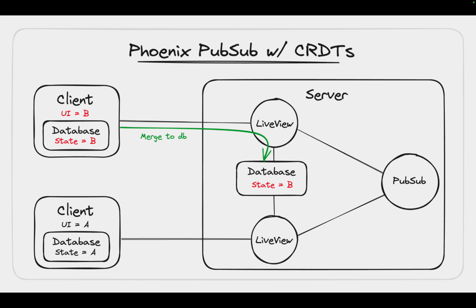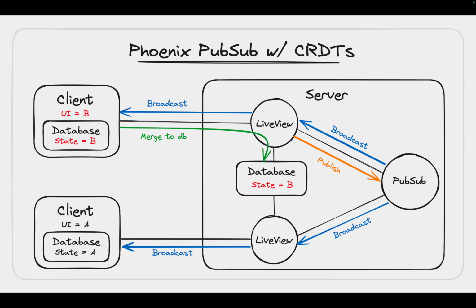Then we're going to push our new state to our pub subsystem, which will then broadcast it out to the two LiveViews, and then the LiveViews will broadcast it down to the client. On our top client, nothing's going to change because we are already at the right state.